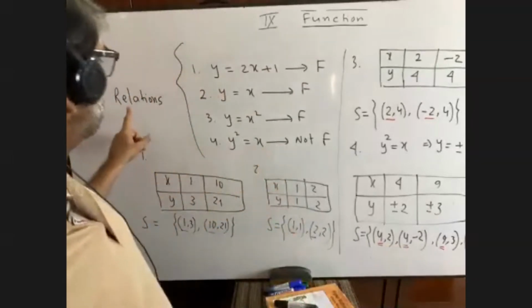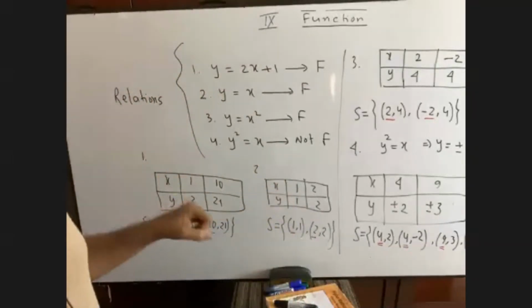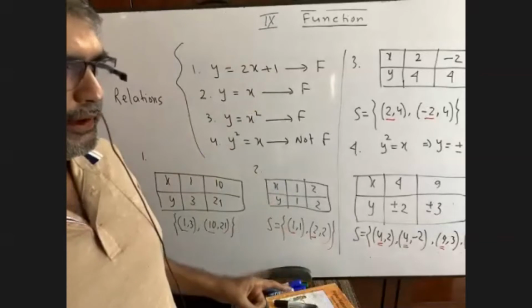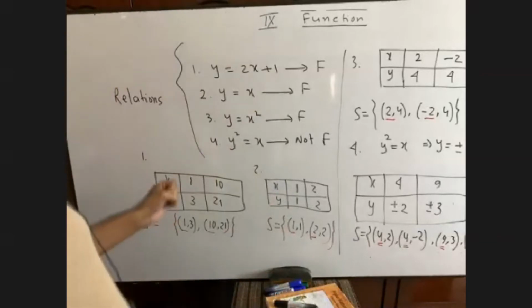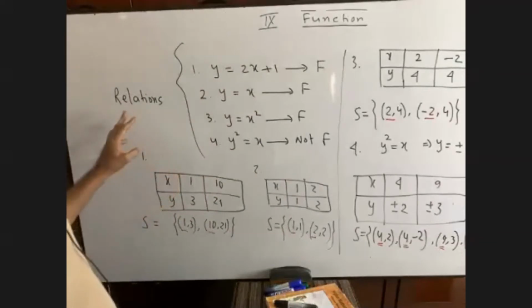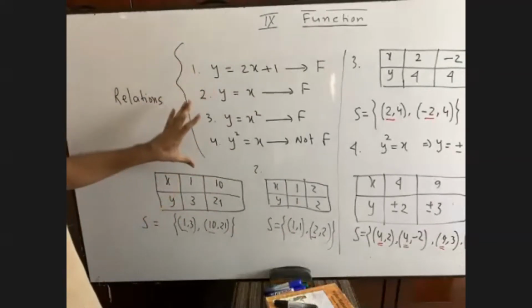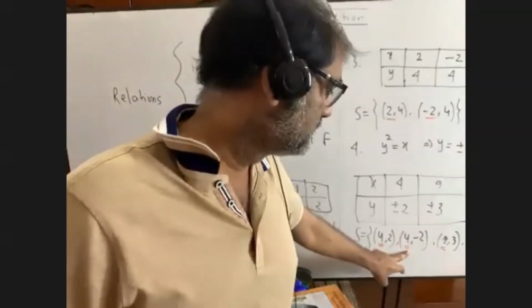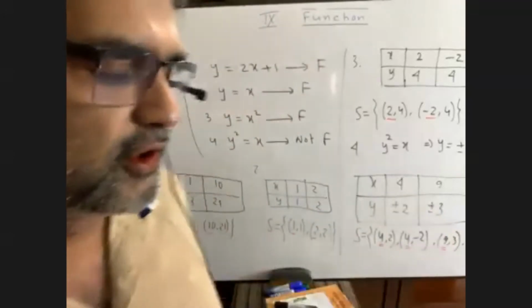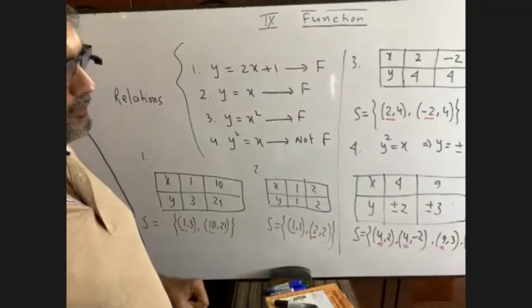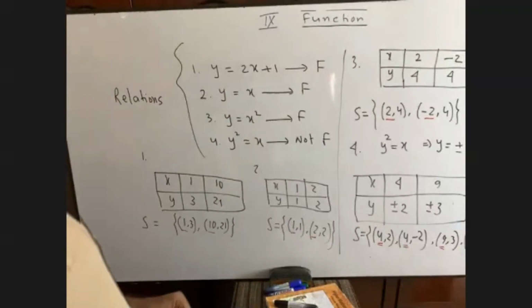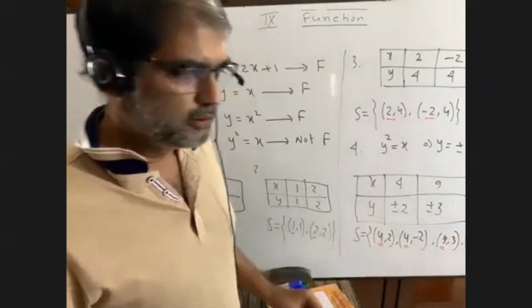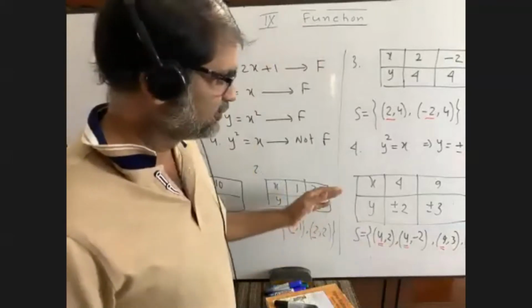If in a relation, I repeat, all of them are relations between x and y, the first elements of the ordered pairs are same, then it is not a function.